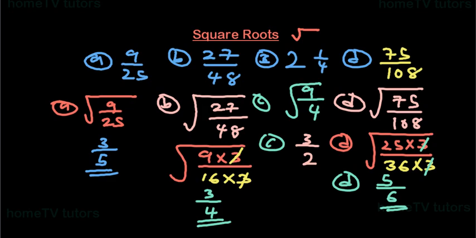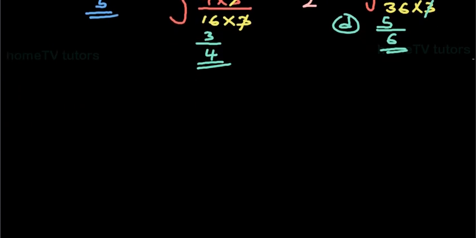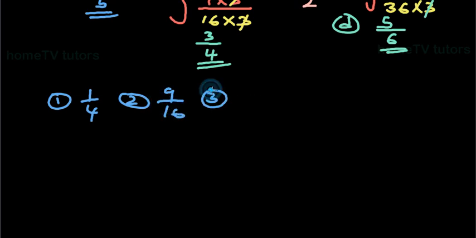All right. So let me give you something to work on your own. You do this on your own as an exercise. Find the square root of the following fractions. Okay, let me start with 1/4. Then for the second one, 9/16. Then 36/81.